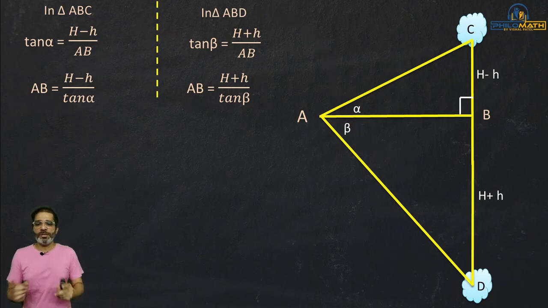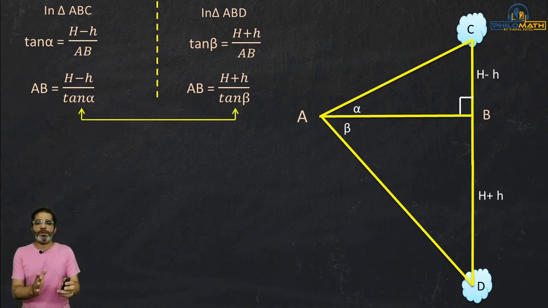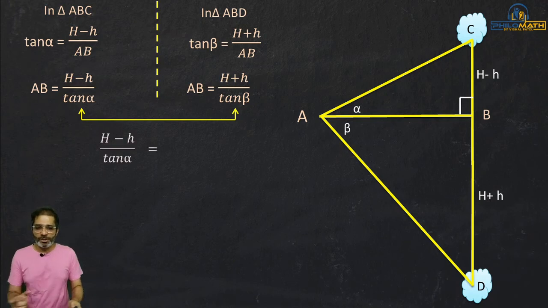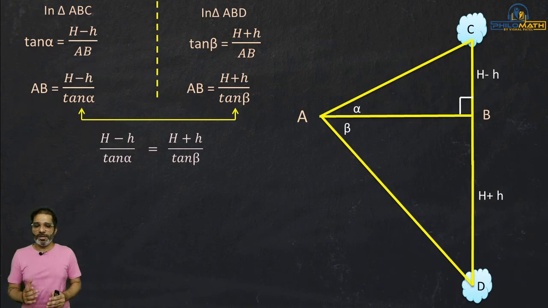Now, if you see on both the sides, the left and the right side, both the sides we got the value of AB. So in the next step, what I'm going to do is I'm going to equate both the values. So what I'll get, (H minus h) upon tan alpha equals (H plus h) upon tan beta.